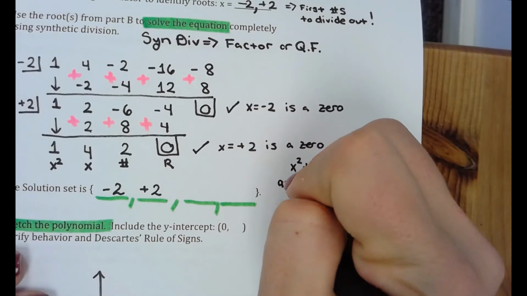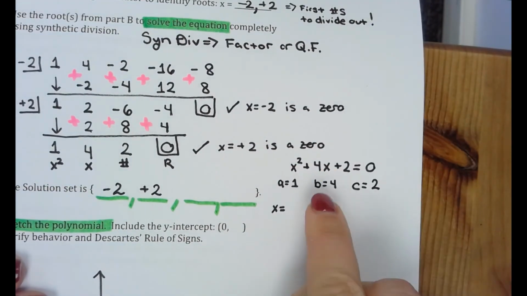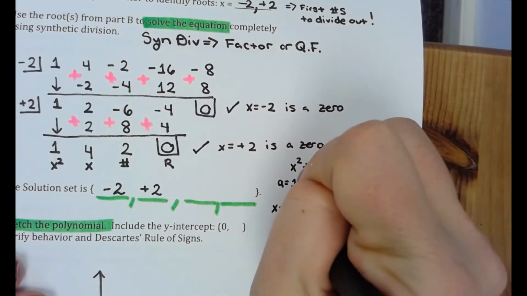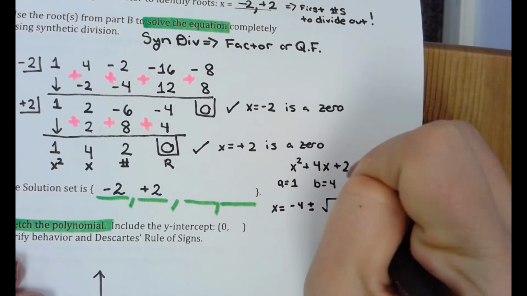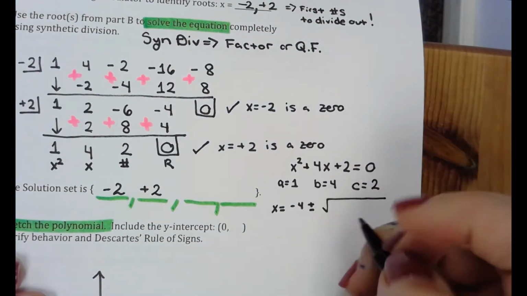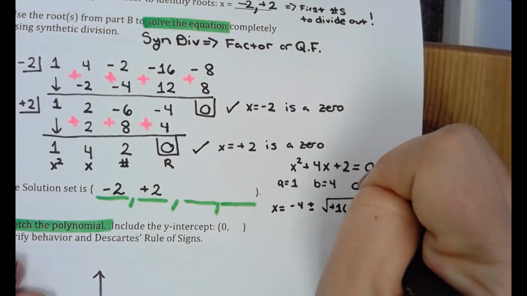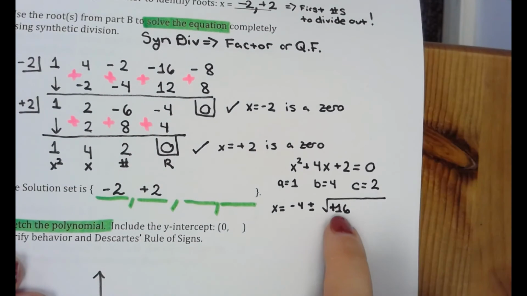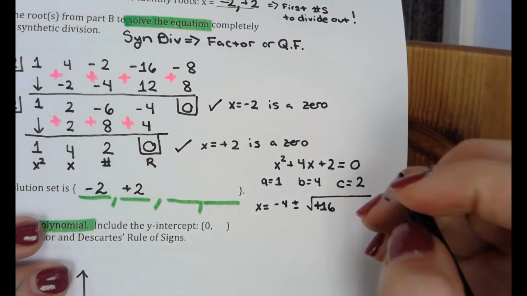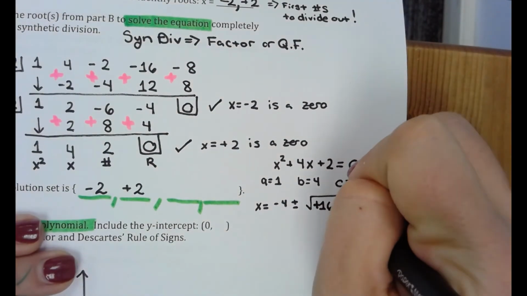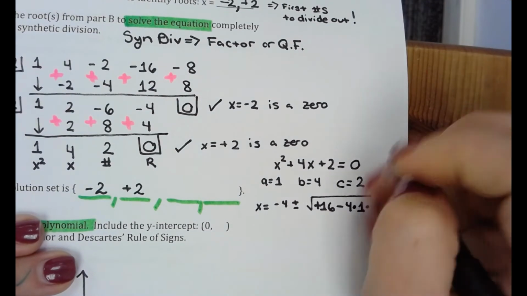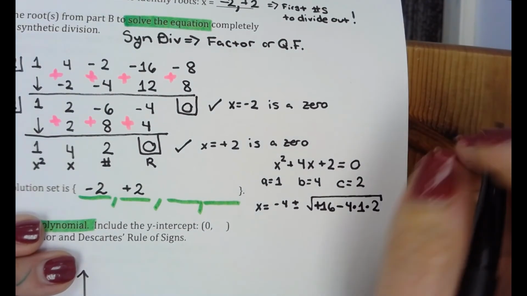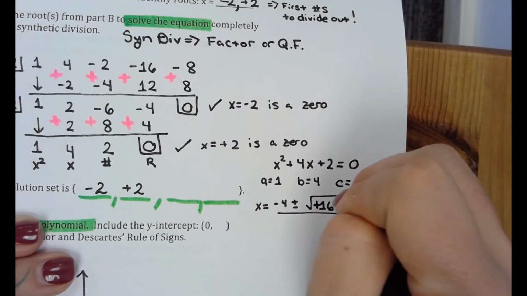All right, quadratic formula. X equals the opposite of B, negative 4, plus minus square root of B squared, positive 16, always a positive right here. Most common thing missed. Minus 4 times A times C, all over 2A.